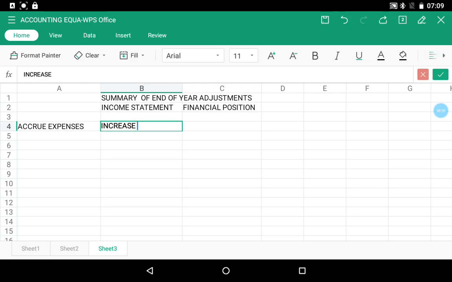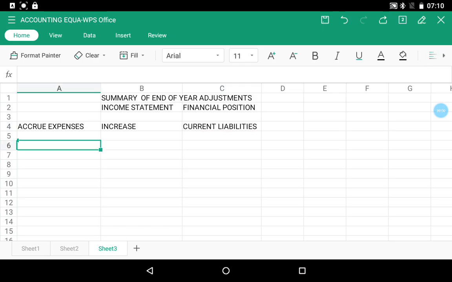Then under financial position they are recorded under current liabilities. Then let us see our prepaid expenses.